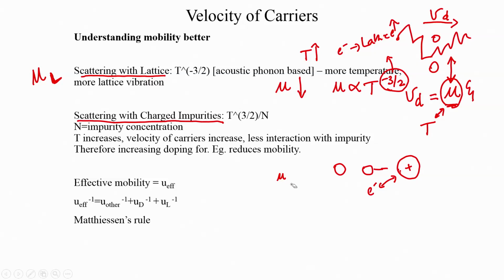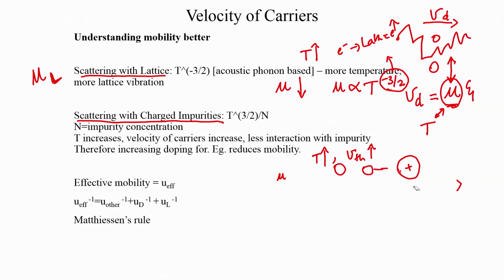But as temperature increases, the thermal velocity of the electron also increases. And therefore, since the electron has a larger energy, the electron gets past this impurity without spending too much time interacting with it.